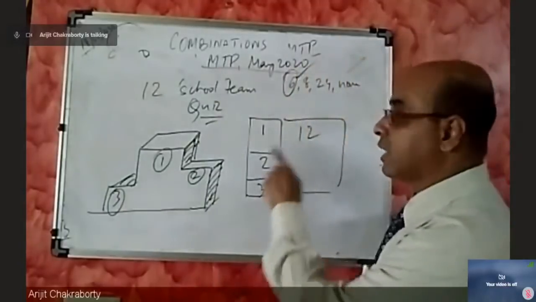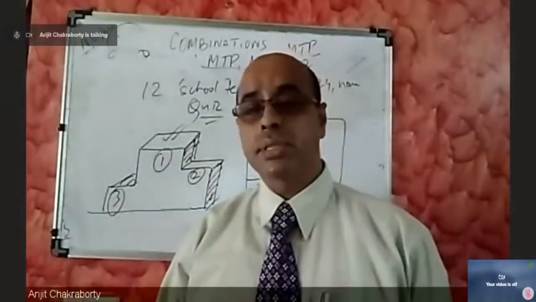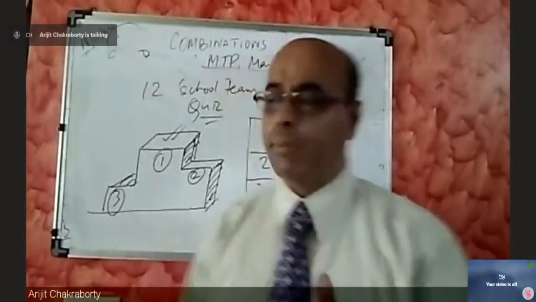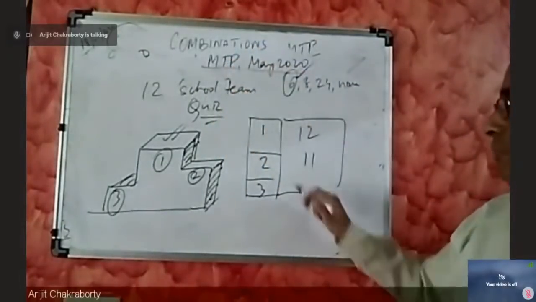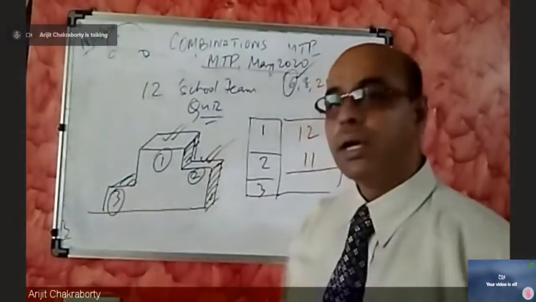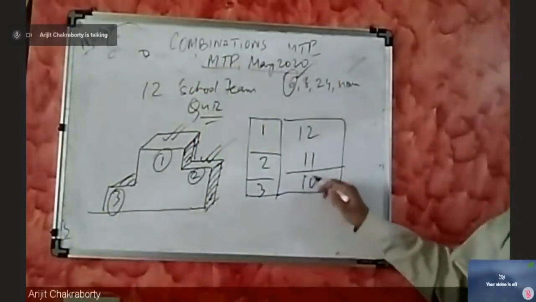Once one of the teams has taken the first position, you are left with 11 teams. So the second place can be taken by any of the remaining 11 teams. So 11. Once the second place is taken, the third place can be taken by any of the remaining 10 teams. So you have 10.